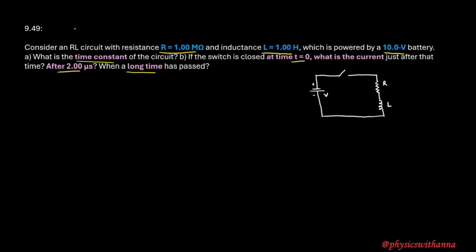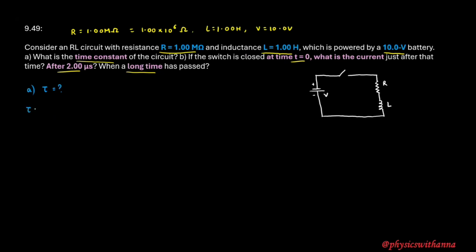So here in this question we have an RL circuit with resistance R as 1 mega ohm. Mega ohm you can write as 1 times 10 to the power 6 ohm. L is 1 Henry and the battery voltage is 10 volt. In part A of the question we need to find the time constant tau.